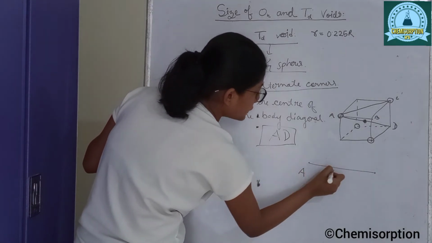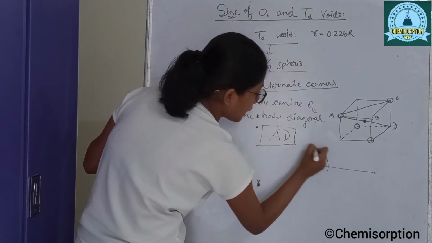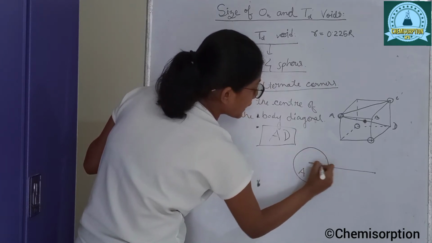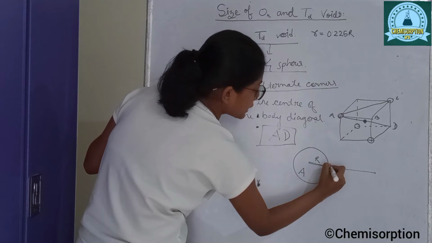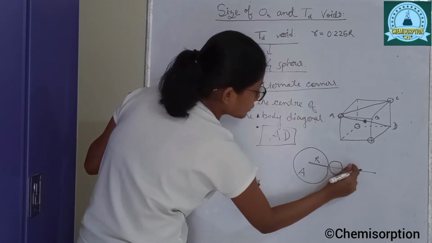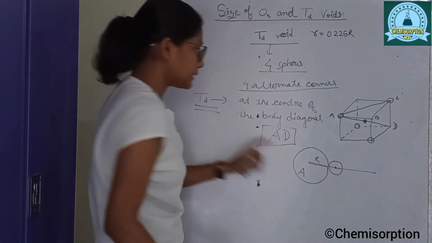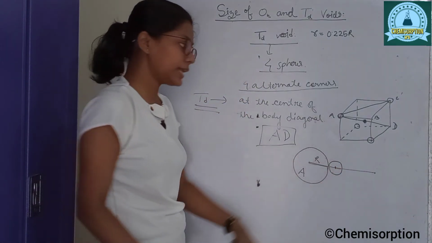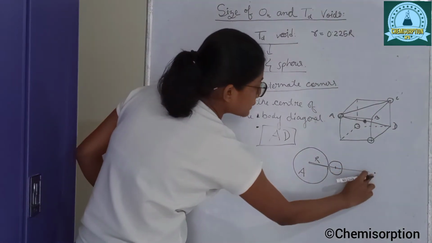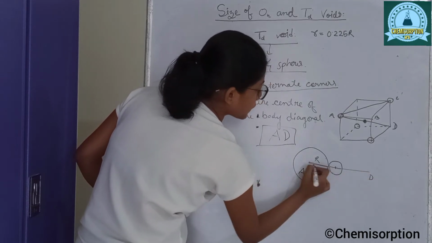At A we have the sphere, right? We have the sphere whose radius is R, and touching this A we have the tetrahedral void. Center of this tetrahedral void is center of AD, and this position is empty.